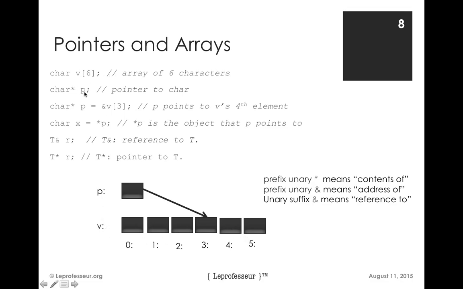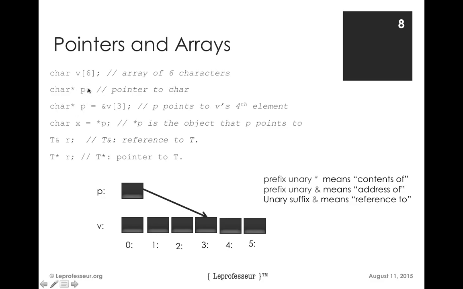Char asterisk p means that the named object or the variable p holds a value which is the address of a character, or in other words a pointer to a character.